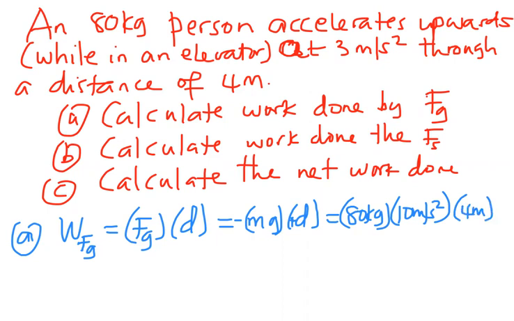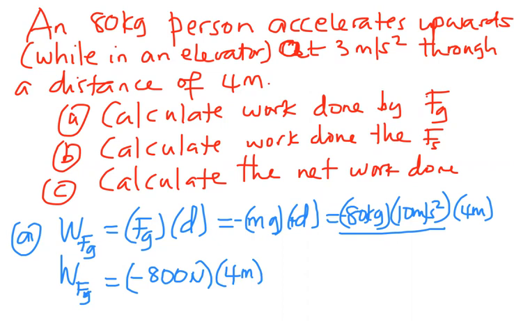That gives me work done by the force of gravity equal to minus 800 newtons times 4 meters, which gives minus 3,200 joules.